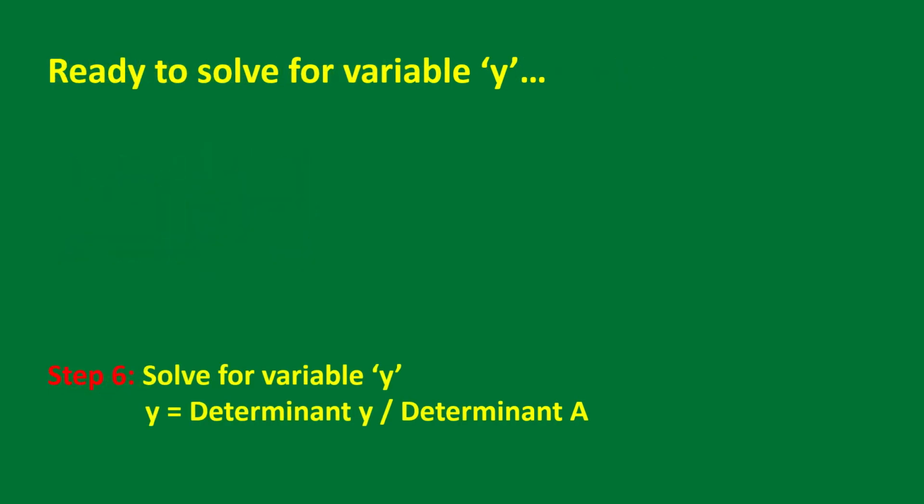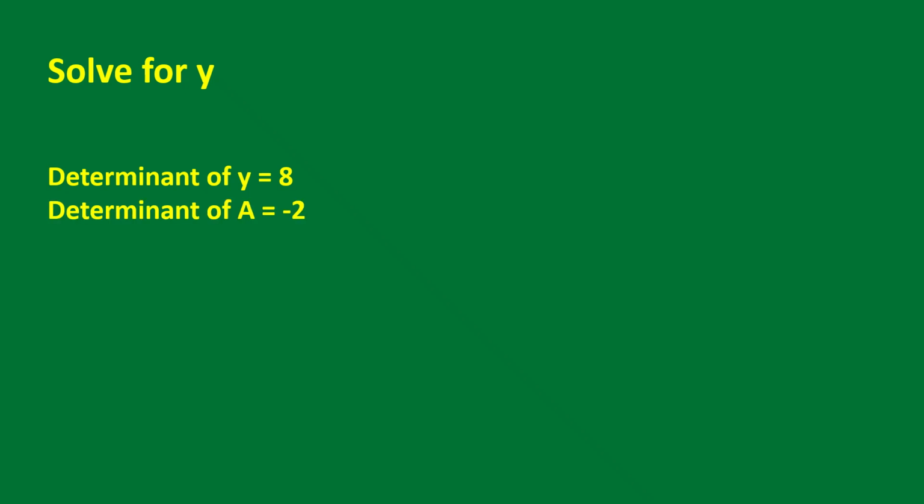Now we are ready to solve for variable y. In this case, variable y is defined as the determinant of y divided by the determinant of the initial matrix A. So the determinant of y is 8. Then the determinant of matrix A is minus 2.